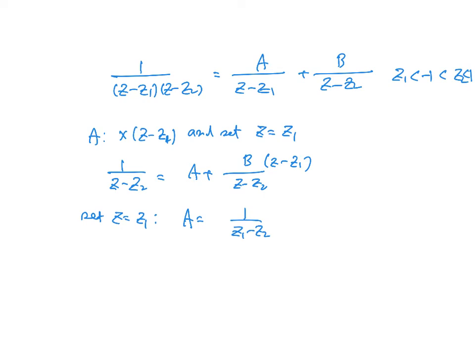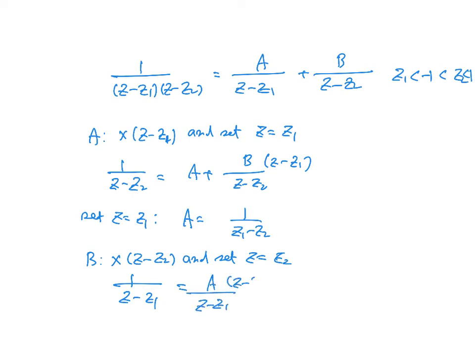And then do the same thing for B. You multiply Z minus Z2 and set Z equal to Z2. So in this case, we have 1 is equal to A times Z minus Z2 plus B times Z minus Z1. If we set Z equal to Z2, we have B is equal to 1 over Z2 minus Z1.